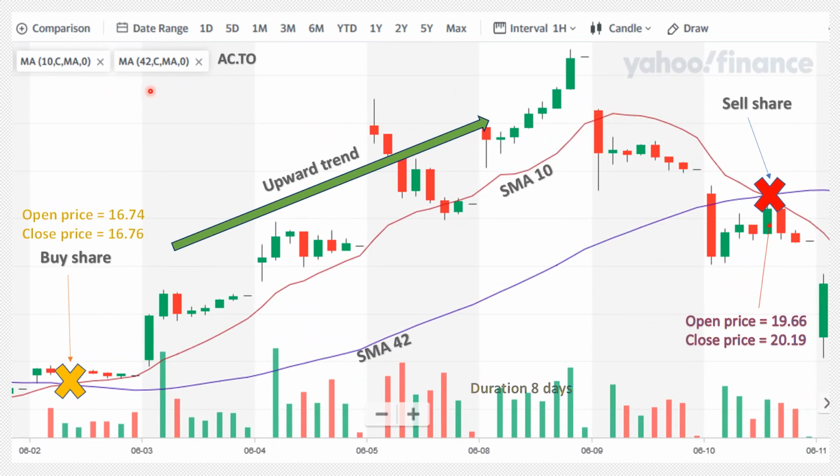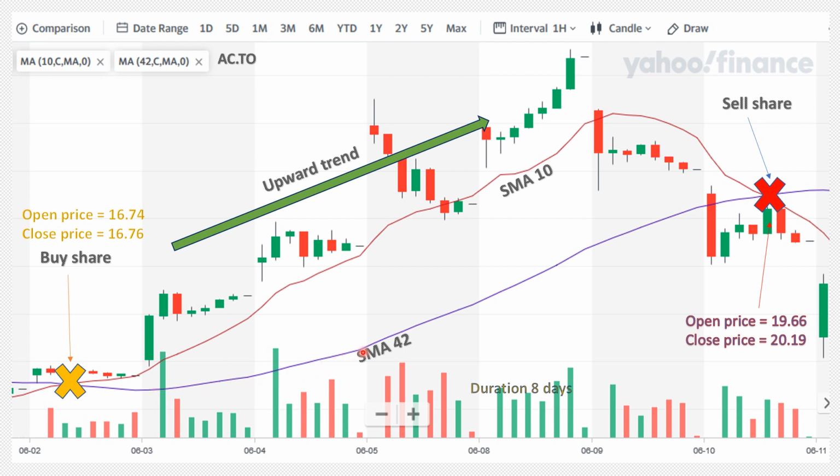This is Yahoo Finance, Air Canada stock, and H1 time frame. Each candle represents 1 hour trading. This is for short time trading. The three condition is first, the trend must be upward. It is upward. The second condition is the price trend must be above the longer moving average, which is 42 here.